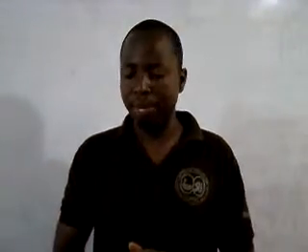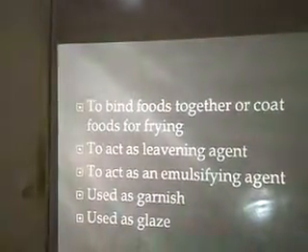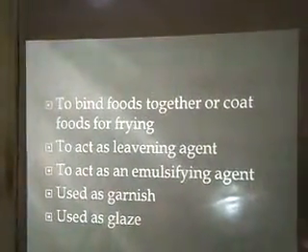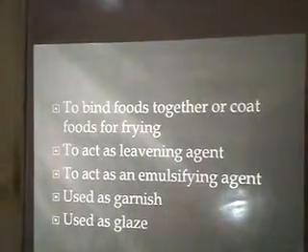It has no chemical or materials that can hold it in position or hold it firm. Therefore, when egg is being used, it brings them together. Therefore, when it's being put in oil, it does not disintegrate or scatter, in our local parlance. So one major function of egg is to bind foods together or coat food for frying.